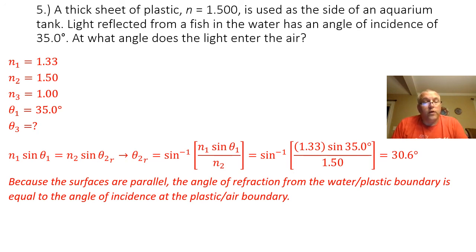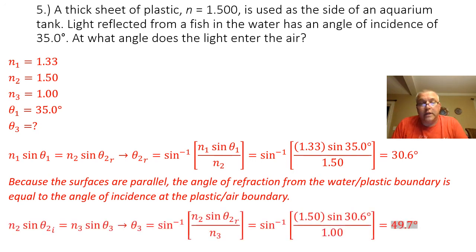Solving now for theta 3, again using Snell's law, theta 3 is going to equal the inverse sine of n2 sine theta 2r divided by n3. Plugging my known values into that equation will give me an angle of refraction into the air of 49.7 degrees.